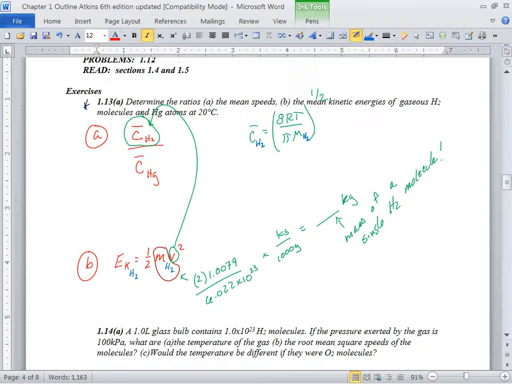Remember that? And then you got to do the same thing. Get that number, find the mean speed for mercury, do the same thing, and then divide the two, right? And get your ratio.